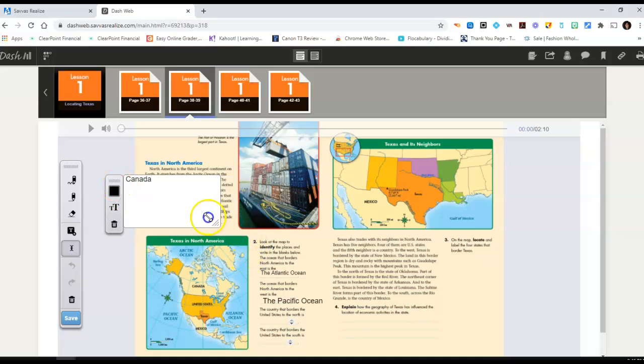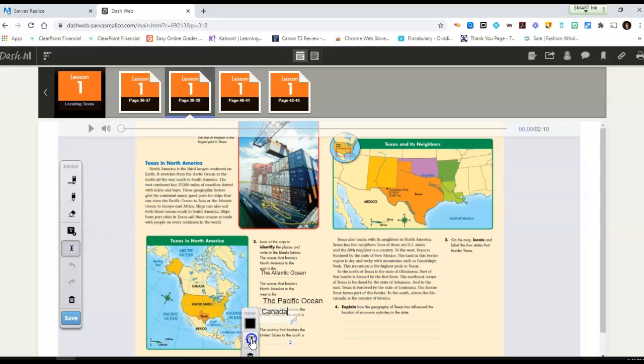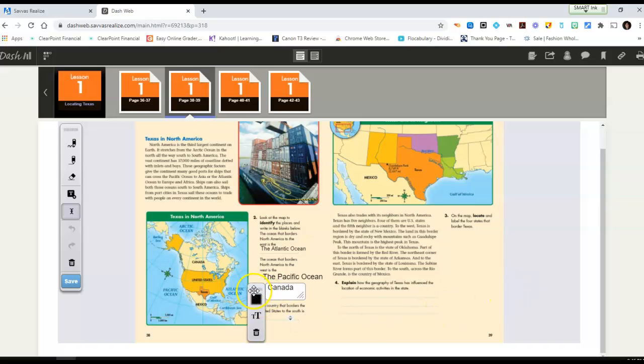Oh my goodness. Saini thought Mexico was north. Mexico is not north. Oh, Saini! The next question is all you, hun. What is the country that borders the United States to the south?